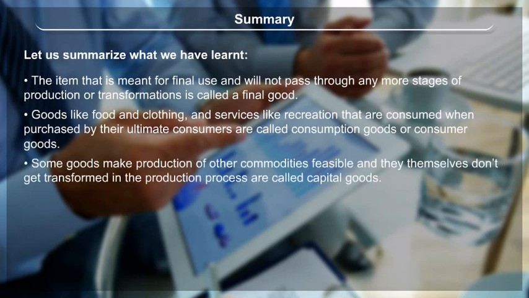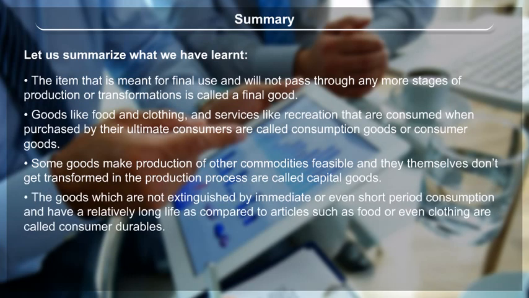Some goods make production of other commodities feasible, and they themselves don't get transformed in the production process; these are called capital goods. The goods which are not extinguished by immediate or even short-period consumption and have a relatively long life as compared to articles such as food or even clothing are called consumer durables.